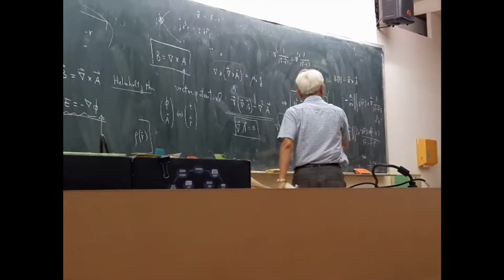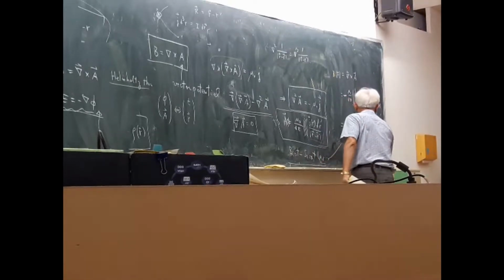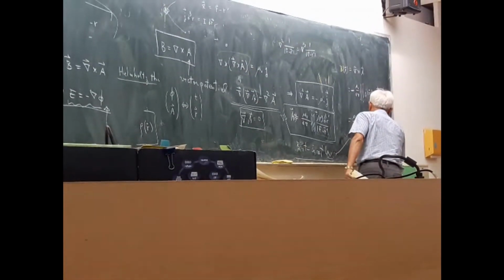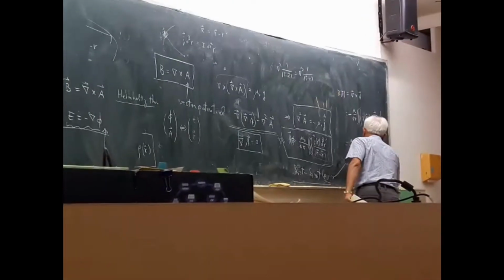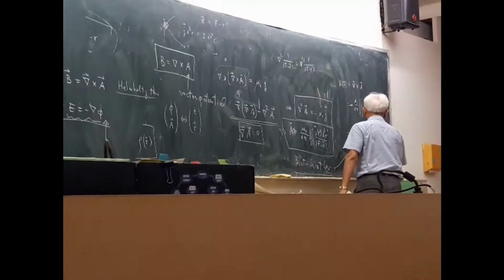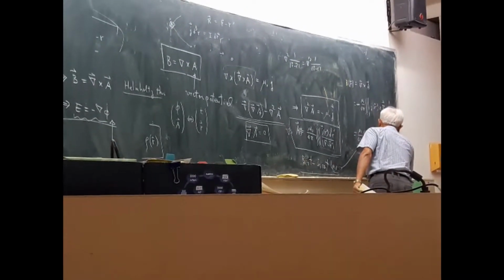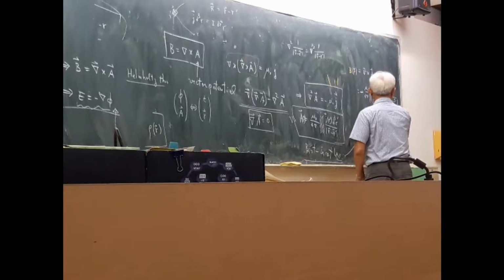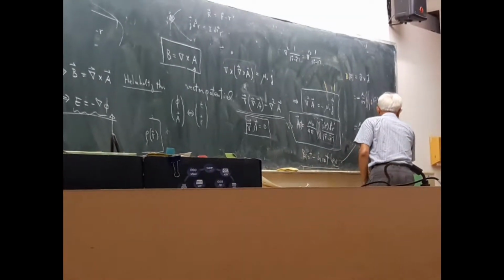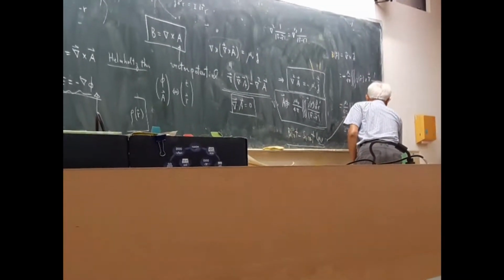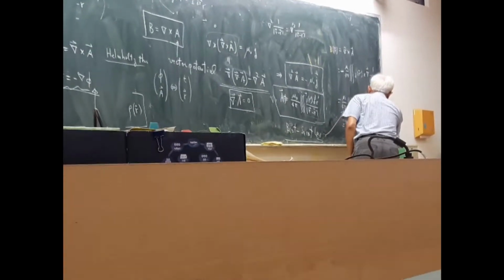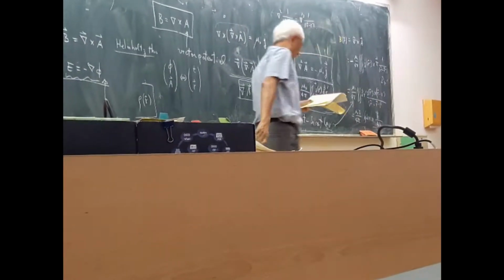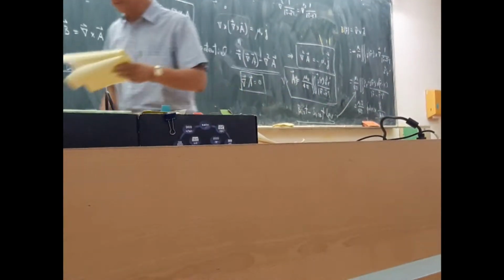So if your current is, B equals mu 0 I over 4 pi, integral of dr times R over R cubed. That's simple, and that's the Biot-Savart law.